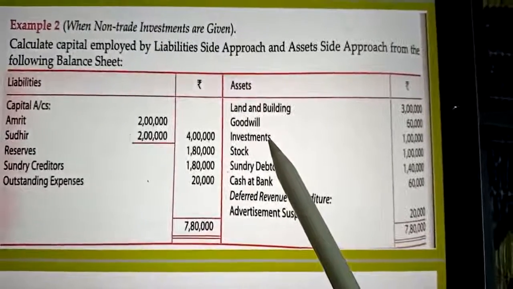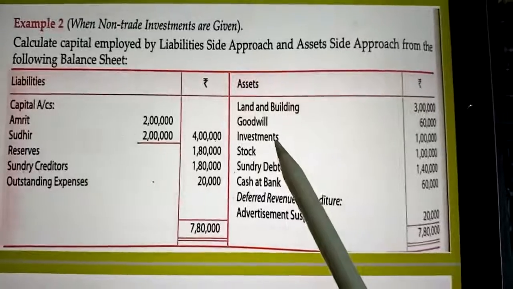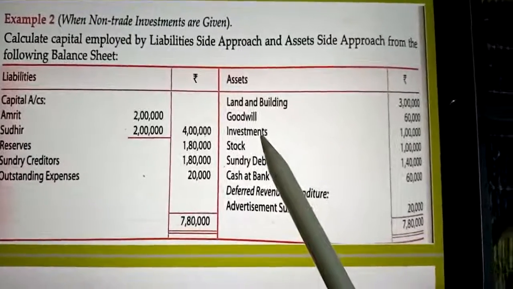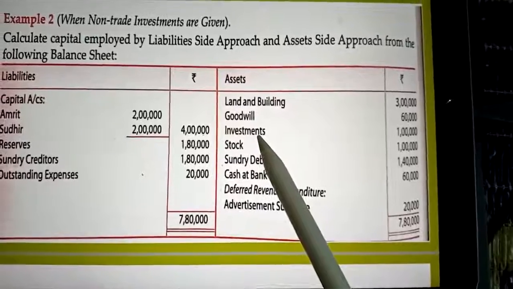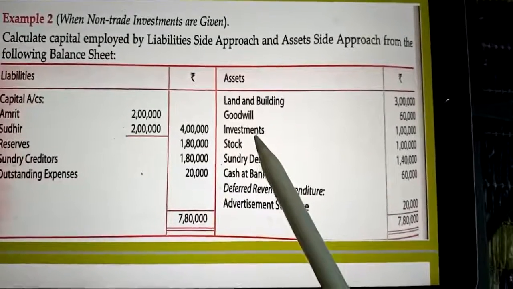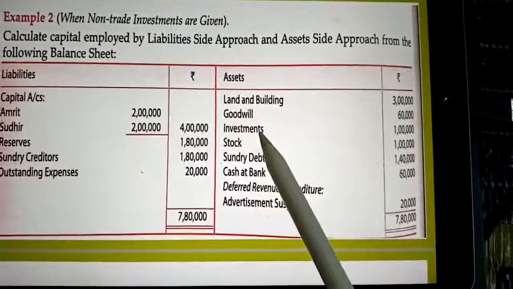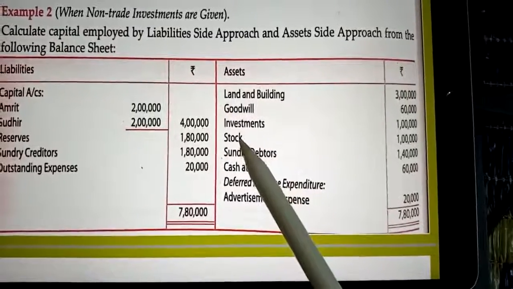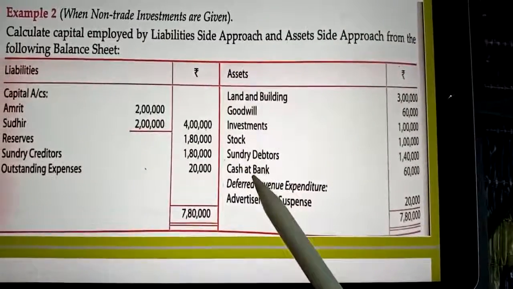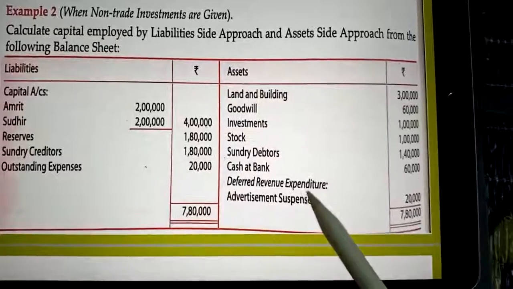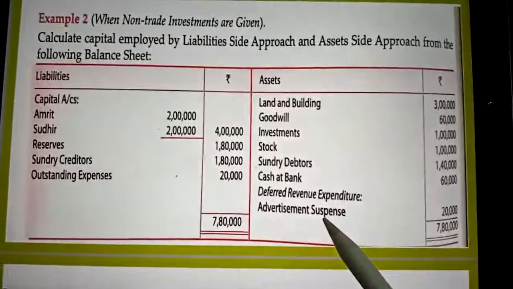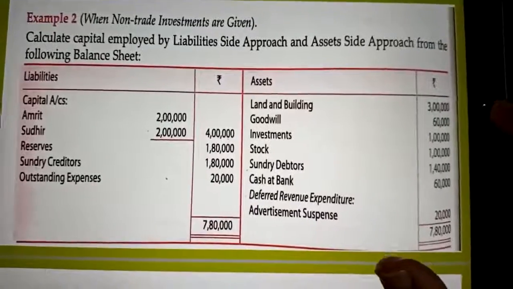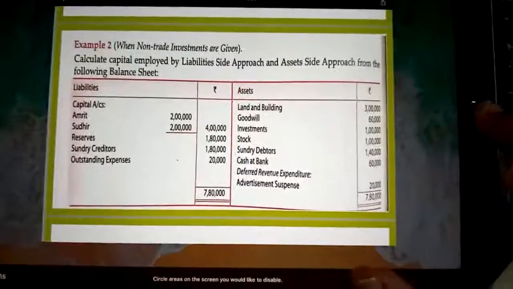Investments, if not mentioned whether trading or non-trading, should be treated as non-trading investments, and non-trading investments should be excluded while calculating capital employed. Next is stock, sundry debtors, cash at bank and deferred revenue expenditure, that is advertisement suspense account. So we will start from the liability side approach.